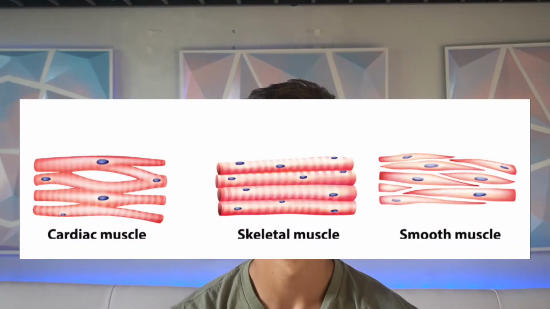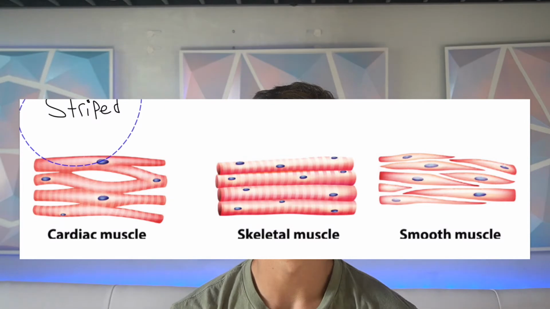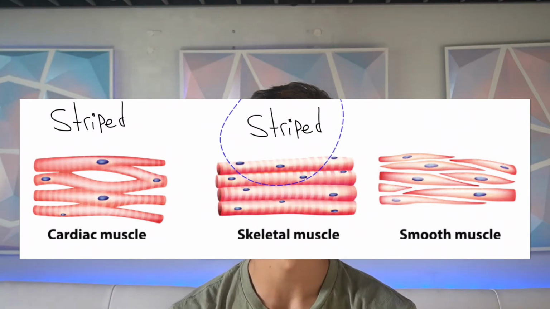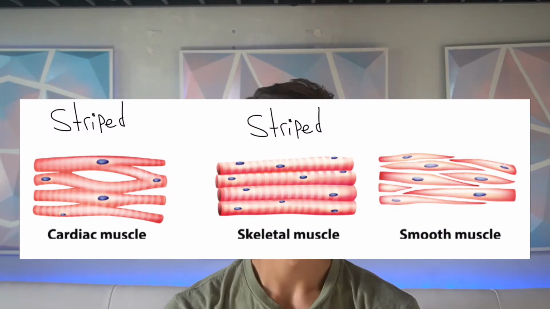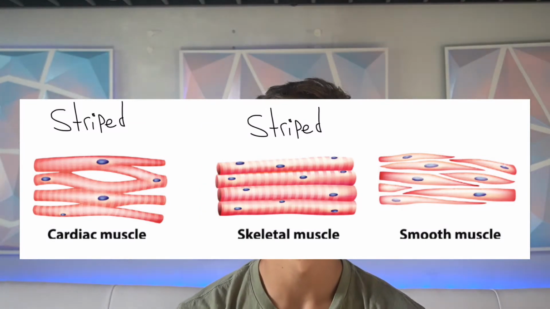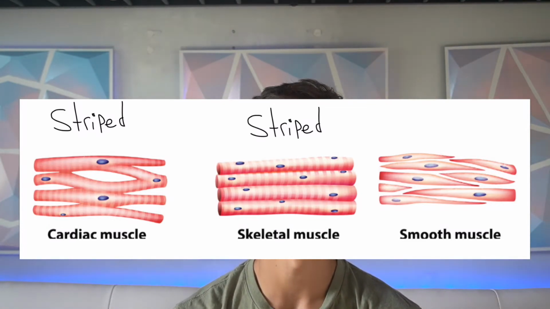Why are smooth muscle and cardiac muscle separated when they both are found in organs? The main reason is that, as the name says, smooth muscle is smooth, and cardiac muscle has stripes just like skeletal muscle. Those stripes are myosin and actin, which we will get into later on.